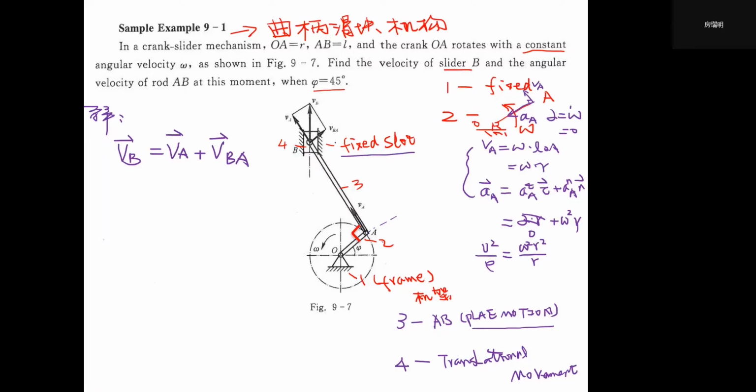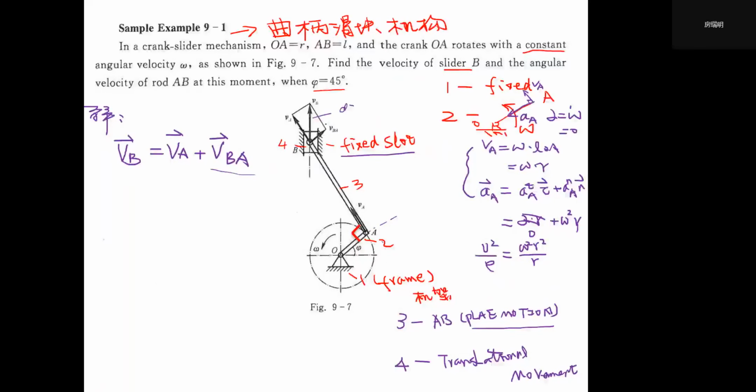So here is VA. And once again, we know VBA is the relative velocity; it's like we are sitting on A, looking at point B, and we find it rotating around A. VBA should be perpendicular to AB, maybe along this direction, or maybe along this direction. We must select one. The rule is that we should make sure VB is in the diagonal position. Do you understand this?